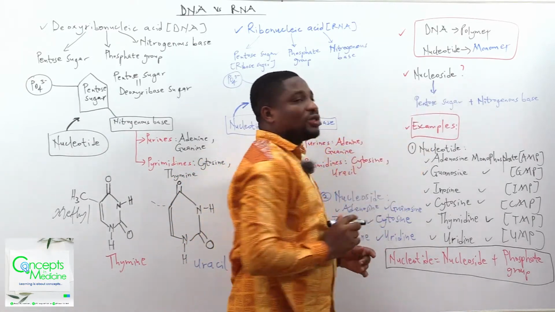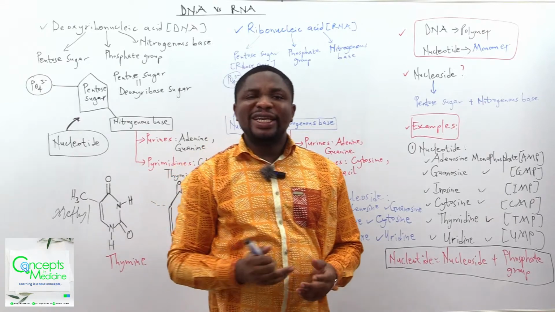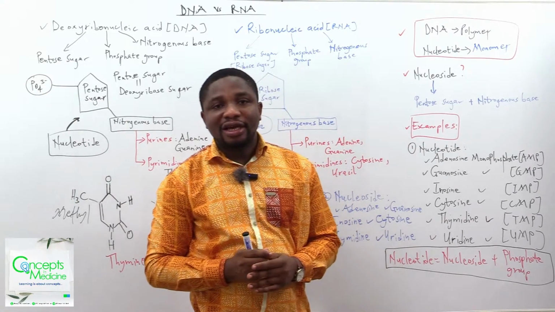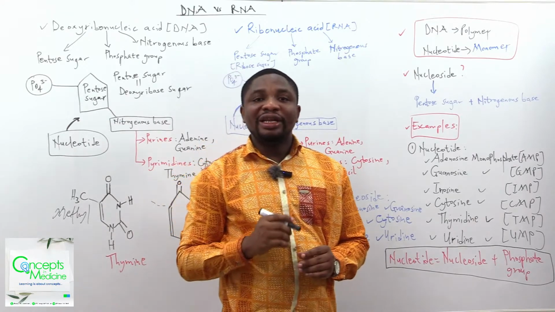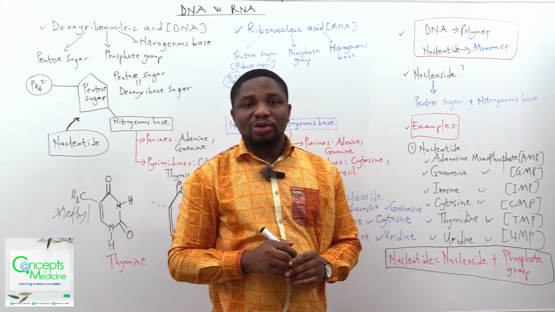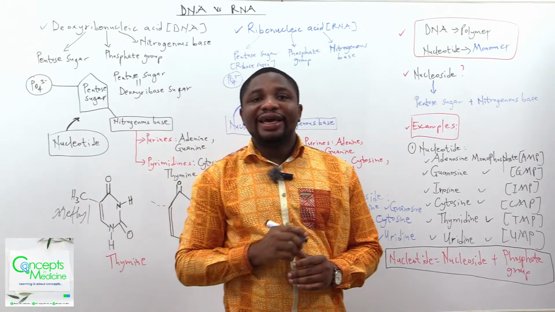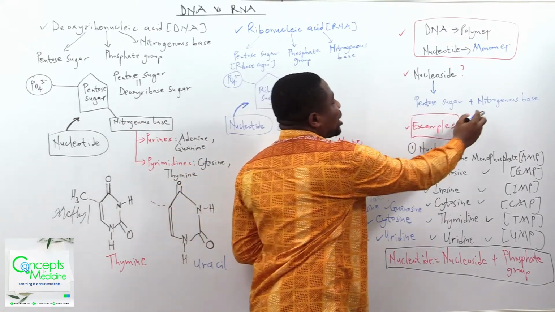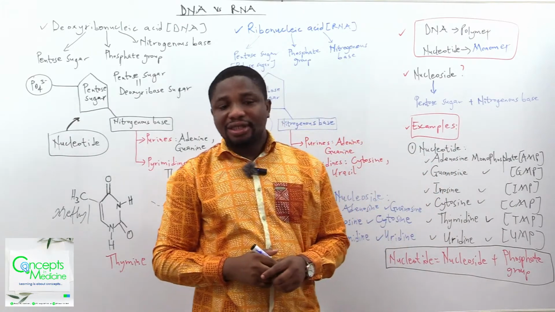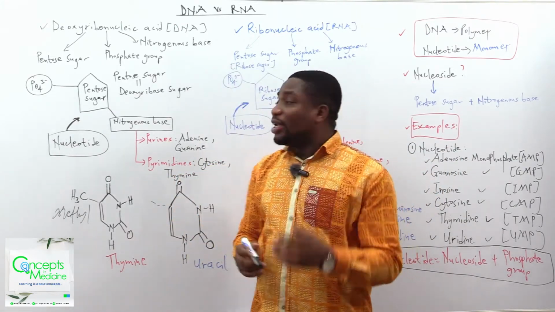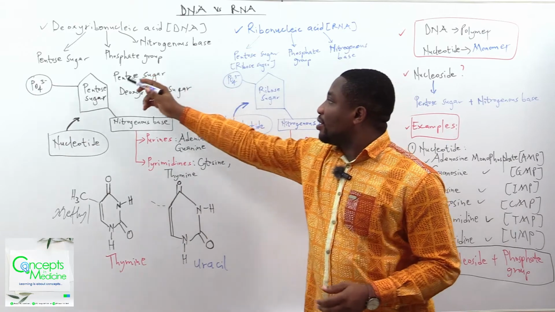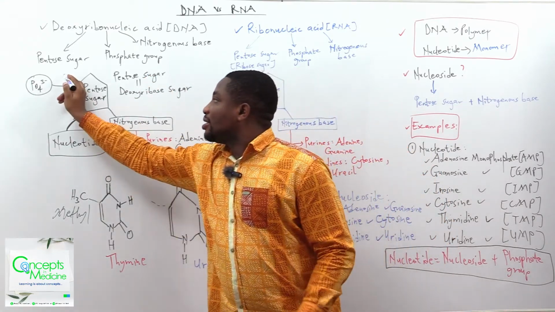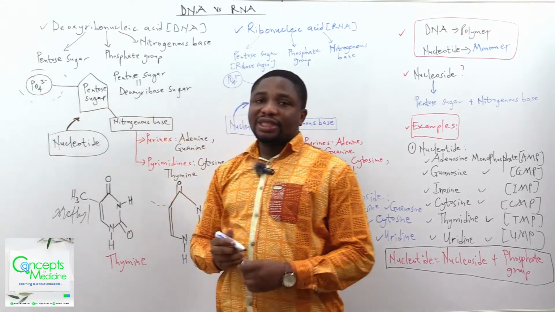What about a nucleoside? When we say nucleoside, nucleoside is different from the nucleotide, meaning nucleoside will only have the pentose sugar and the nitrogenous base. It lacks the phosphate group. Meaning that if we are looking at this structure here, as we are saying it's a nucleotide, this will not be present.